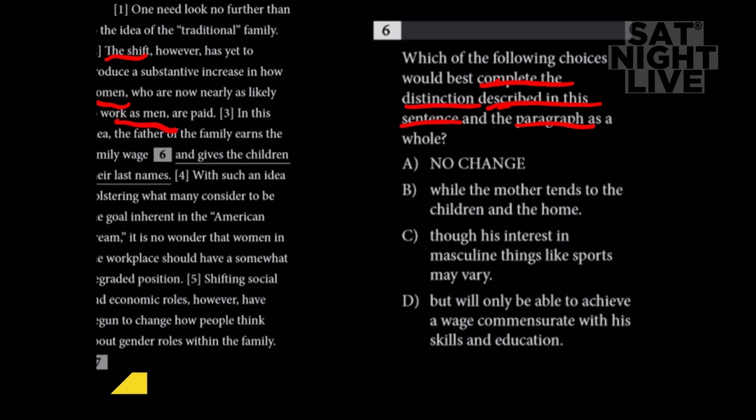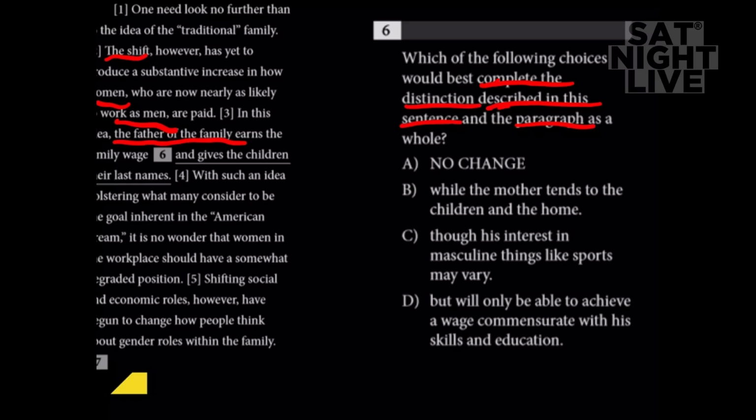And so now I start to say, the distinction that I found might be about women and men. In this plea, the father of the family earns the family wage, and now I get to my underlined part, and gives the children their last names. And of course, I should go on, but if I continue the passage, it's definitely about men and women and the different gender roles. So now that I've captured my distinction, I can start asking what would best complete it.